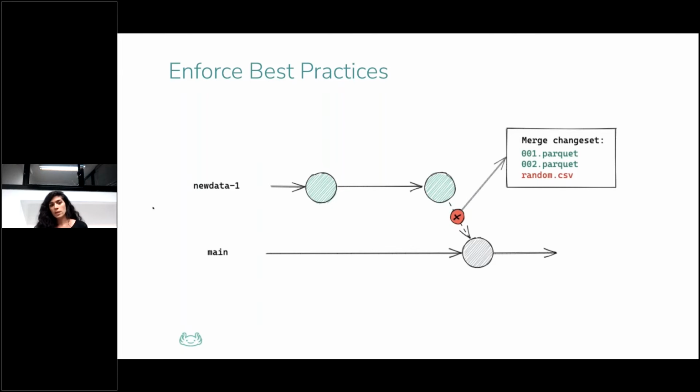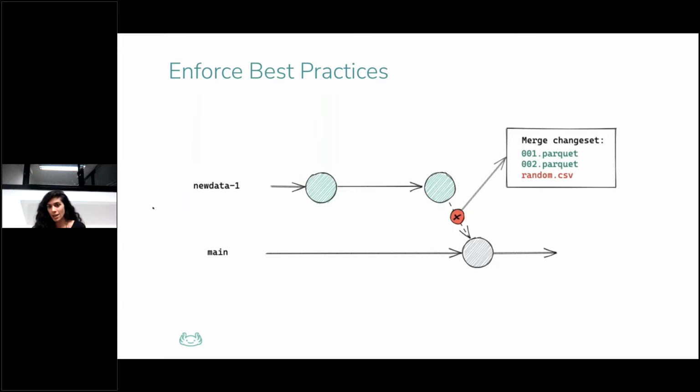What you can see here in the example is that I'm making a change in isolation on my branch, and as part of my change, I'm introducing 3 new files to my lake. 2 of them are Parquet files, which, by the hook that I defined, are valid in my lake and desired.